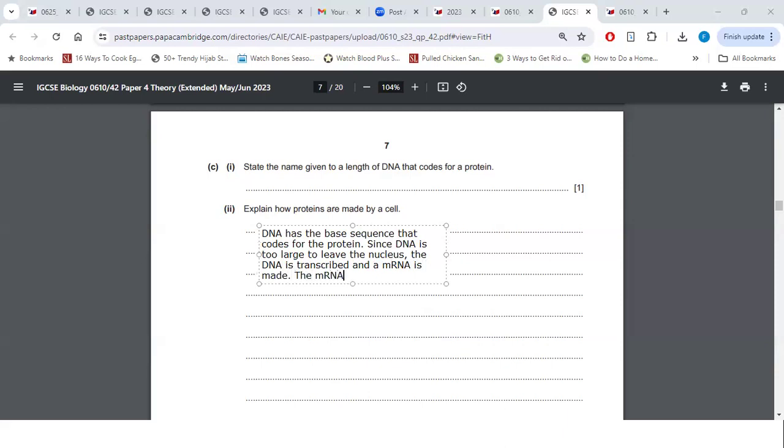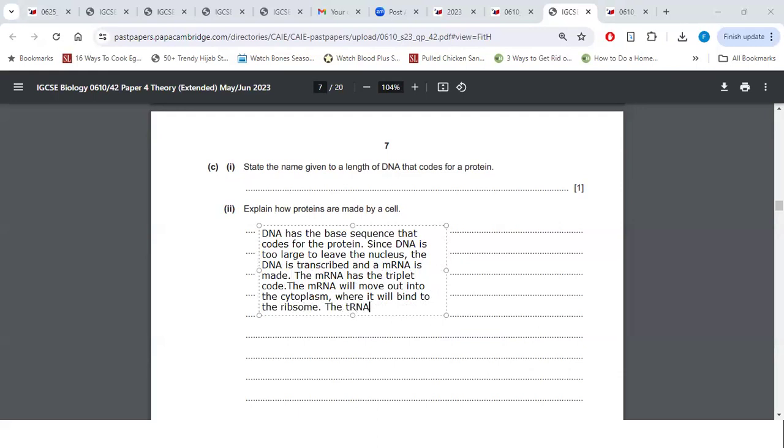The messenger RNA has the triplet code, right? The messenger RNA will move out into the cytoplasm where it will bind to the ribosome.